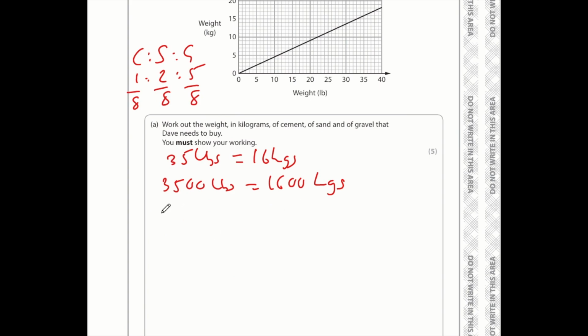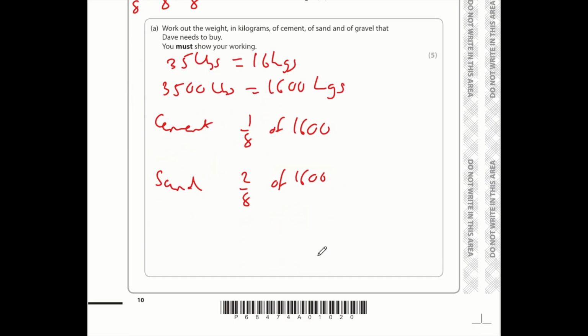Okay, so for the cement, we want 1/8 of 1,600 kilos. For the sand, we want 2/8 of 1,600, and for the gravel, we want 5/8 of 1,600. So for the cement, 1/8 of 1,600 is 1,600 divided by 8, which is 200 kilos.